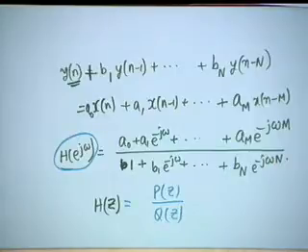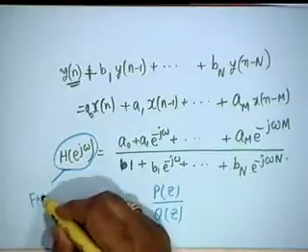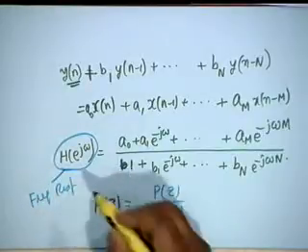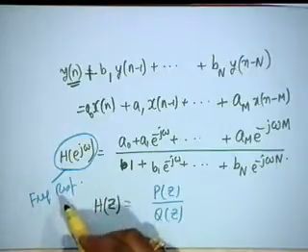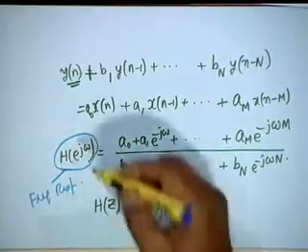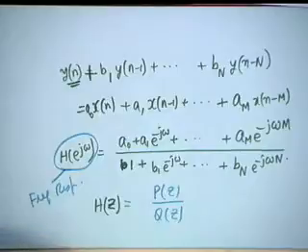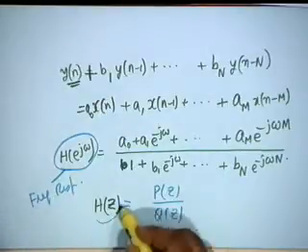Fortunately, most of the systems that are of our interest can be treated by both Z transforms and Fourier transform. However, there is a change in nomenclature. This we call the frequency response. Why is it called frequency response? Because this gives the spectrum in terms of actual omegas. On the other hand, we must give a name to this.